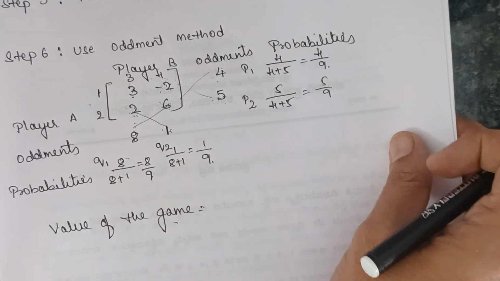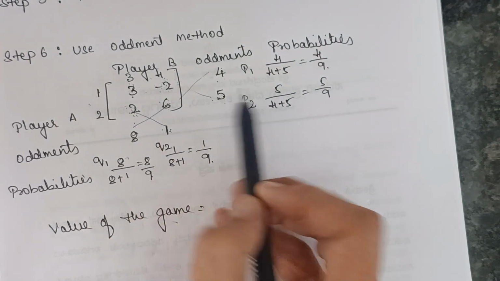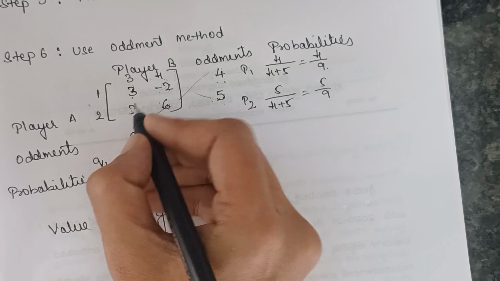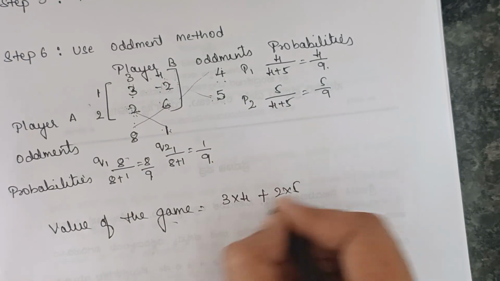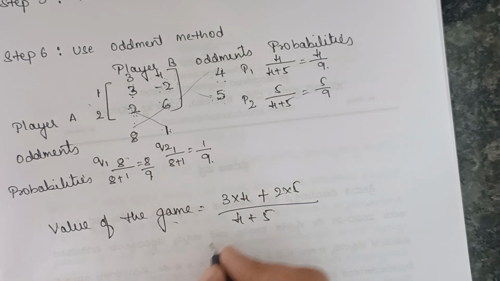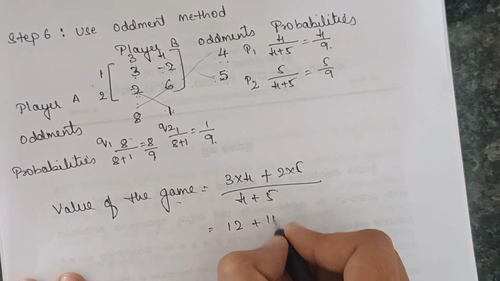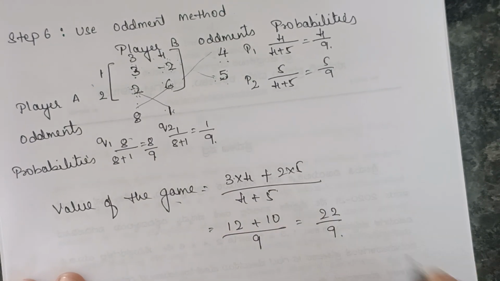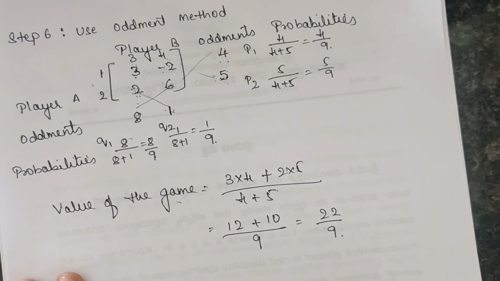So here I will be taking the first column and the oddments. So 3 into 4 plus 2 into 5 divided by the total oddments. So this will be 3 into 4, 12 plus 10 divided by 9. This will give us 22 by 9. Okay, so 22 by 9.